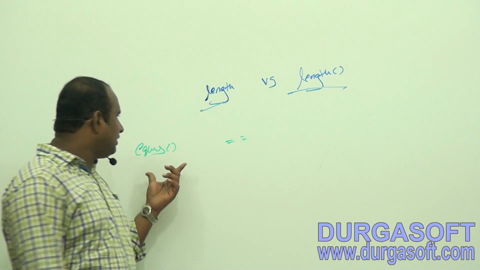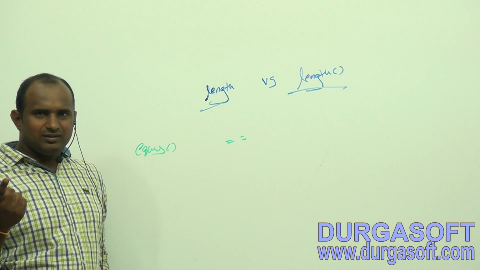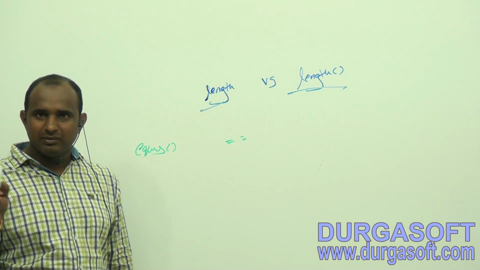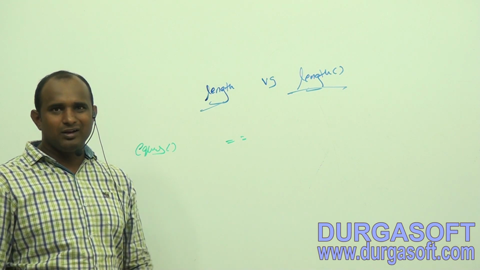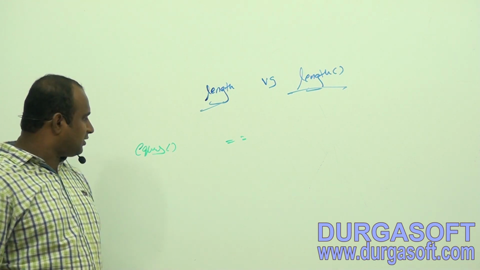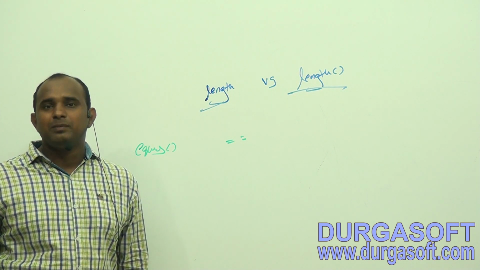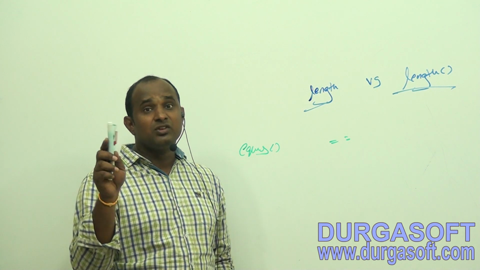A complete sentence is needed. It reflects the student's knowledge. So directly say: equals is a method present in the Object class that performs reference comparison. The double equal to operator always performs reference comparison.